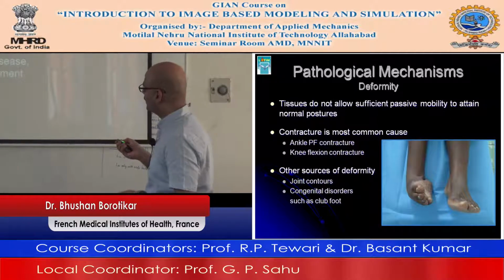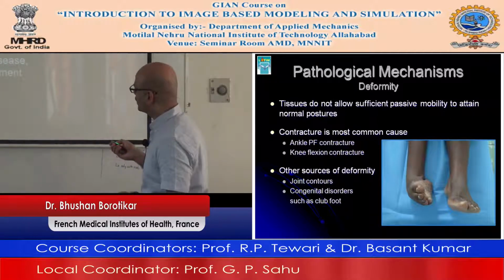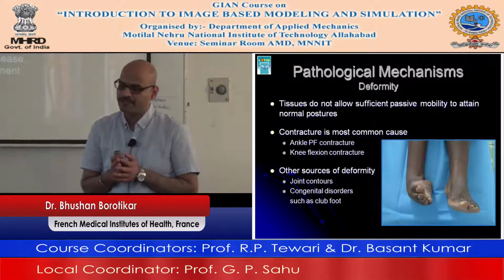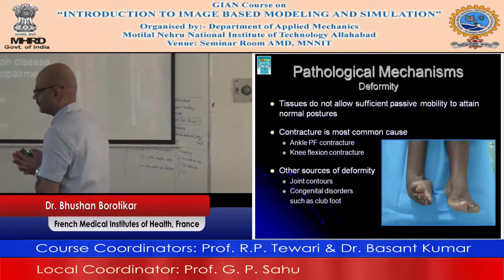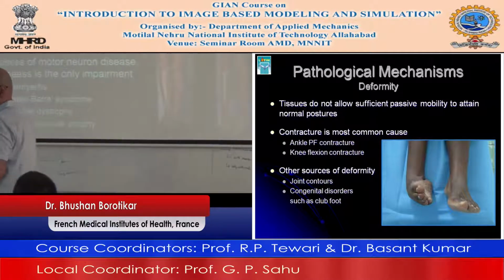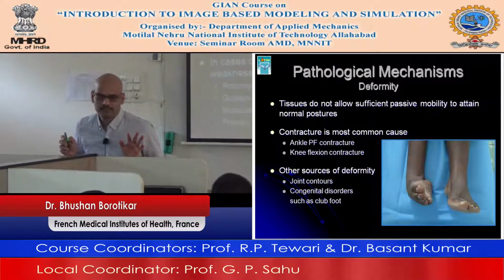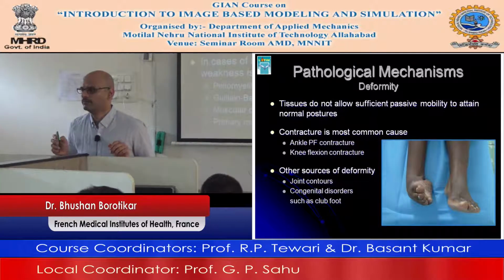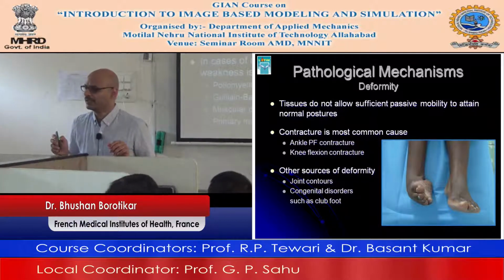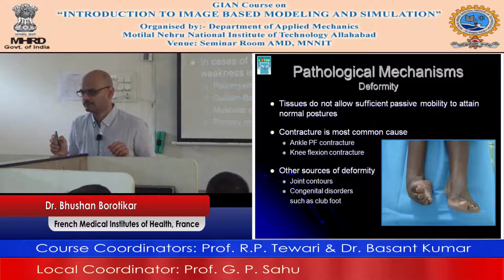Disused muscle atrophy or a neurological impairment contributes to this limitation. What is disused muscle? The muscle that is not used goes dead. It says, I have no function here, I will rather die.